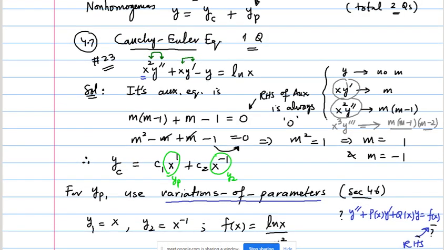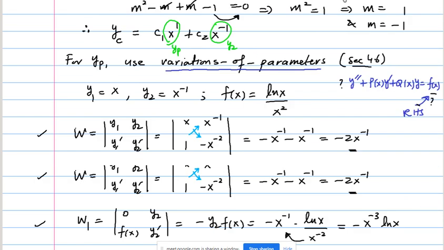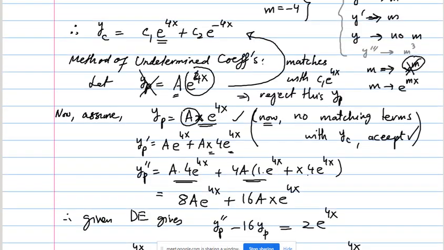For the Cauchy-Euler equation, if m is the root of the auxiliary equation, then the solution is x to the power m. But when you go to constant coefficients, when m is your root, then the solution is e to the power mx. So this is the difference, and you have to be careful and remember these things.